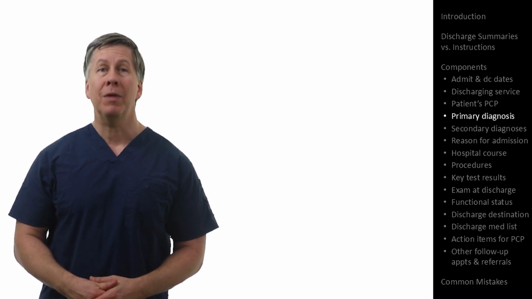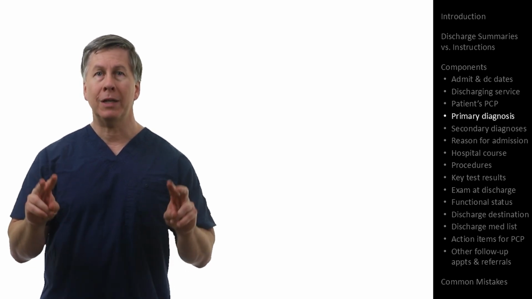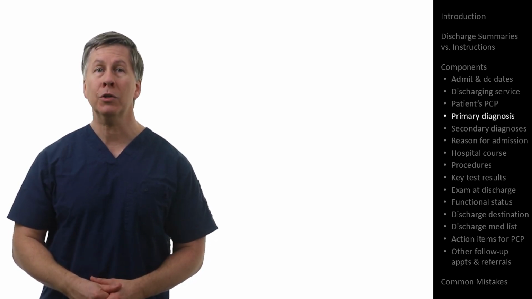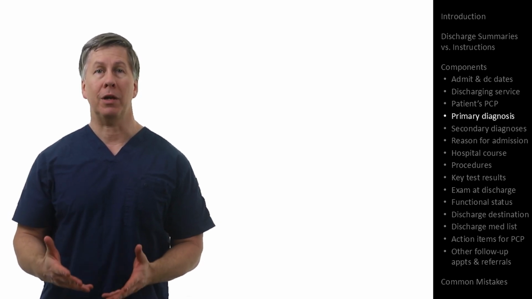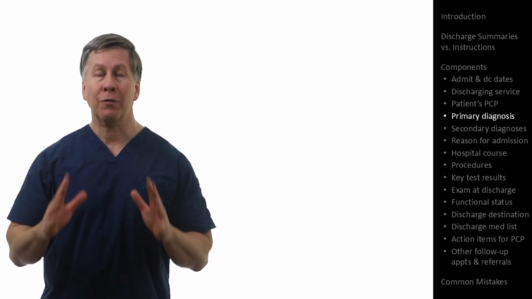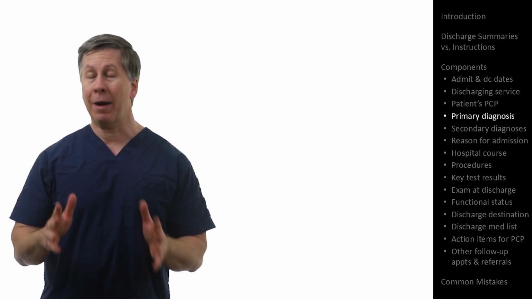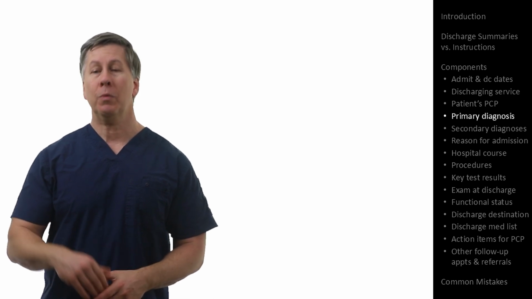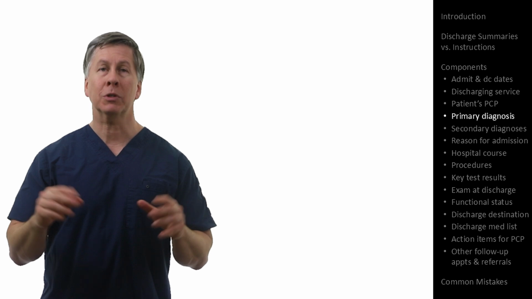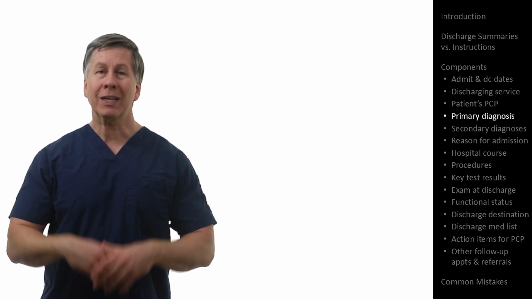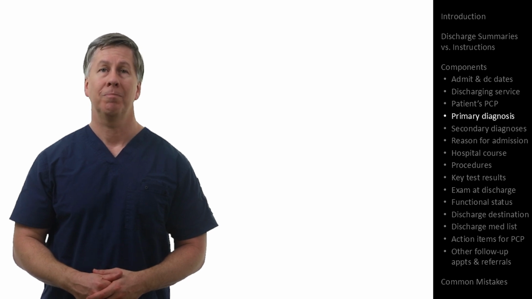In that situation, even if you suspect COPD, do not write COPD exacerbation as the primary diagnosis, because once you do, that patient is now labeled as having COPD, and no one will ever explore the possibility that they might not have that and might have something different instead. So instead of COPD exacerbation, write suspected or possible COPD exacerbation, because that's going to be more accurate and will be less likely to lead to misdiagnosis.